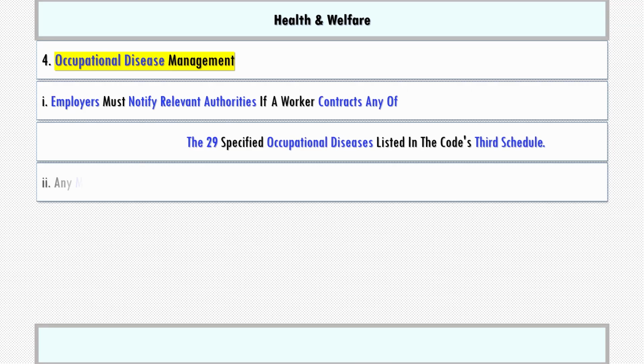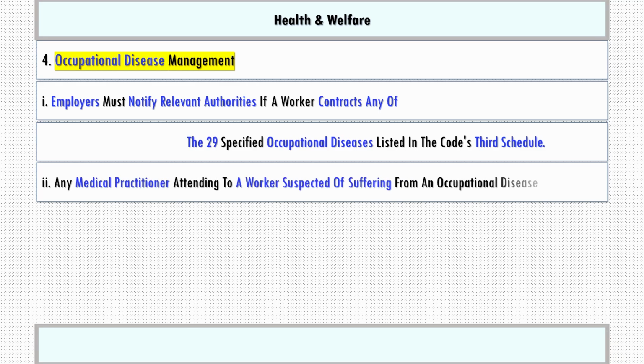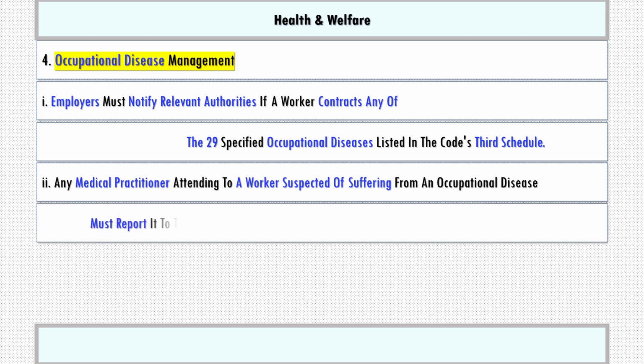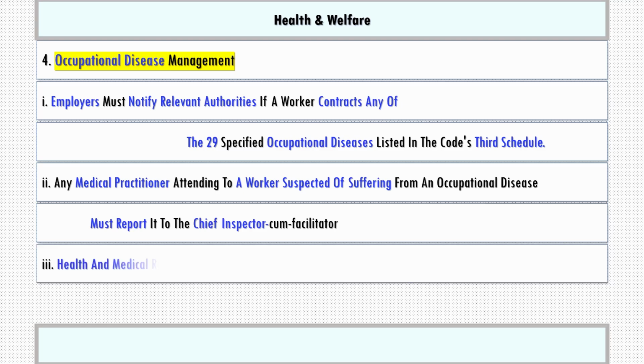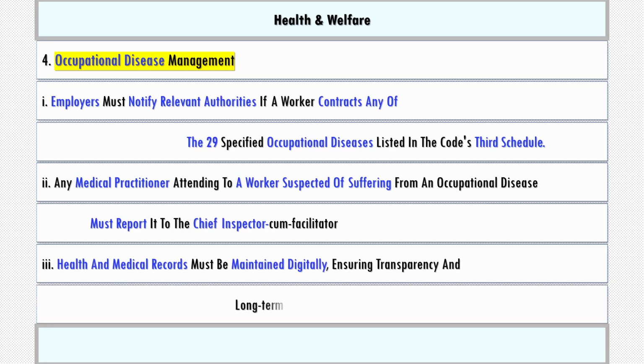Any medical practitioner attending to a worker suspected of suffering from an occupational disease must report it to the chief inspector cum facilitator. Health and medical records must be maintained digitally, ensuring transparency and long-term portability for workers.